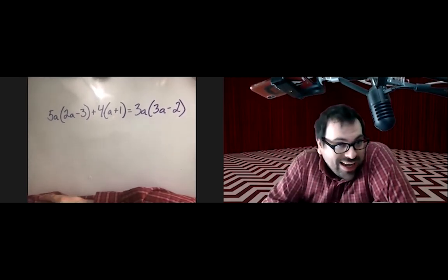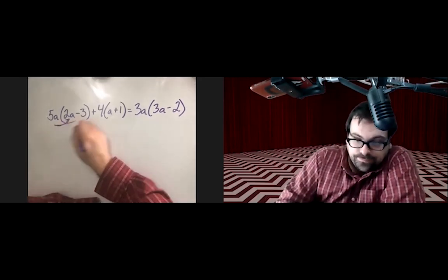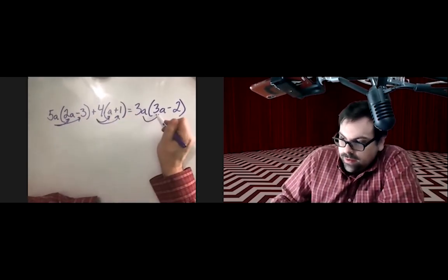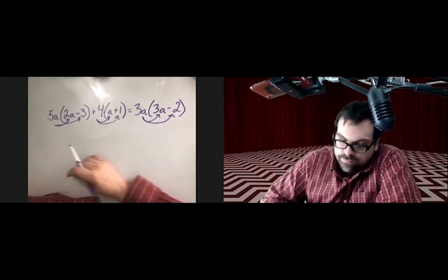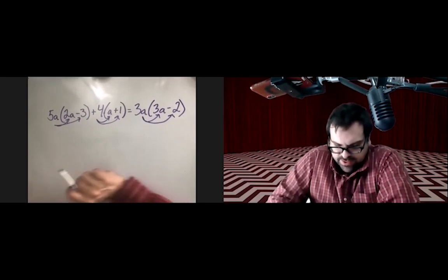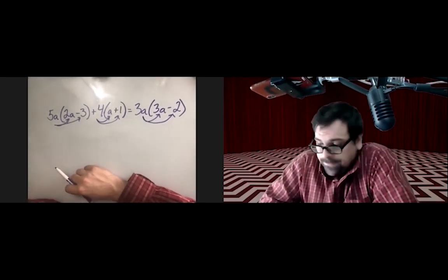First step in solving any equation of any type is clear parentheses using the distributive property. Hopefully you're seeing today the only really new thing we've done is the zero product property. Everything else is other things coming together.